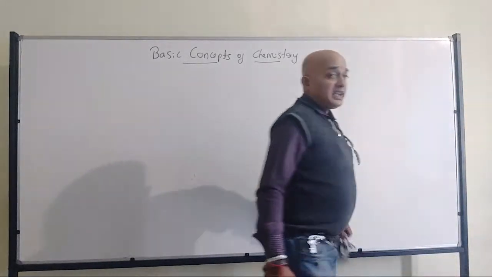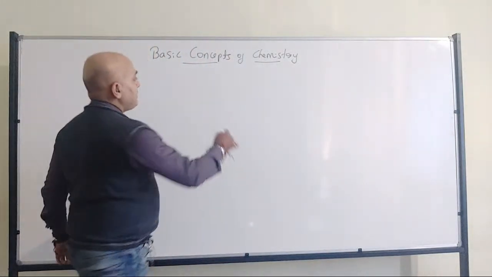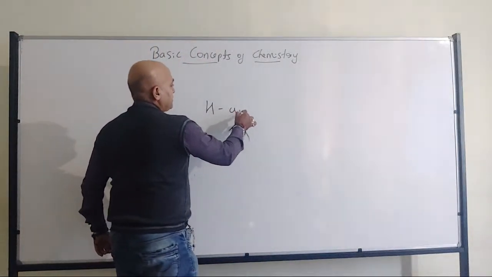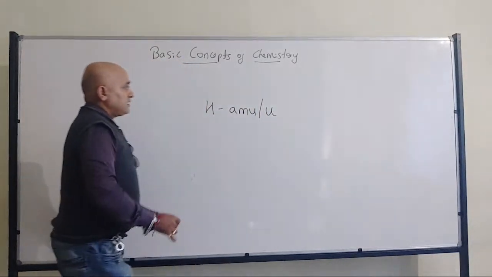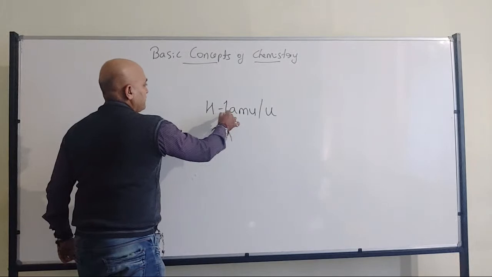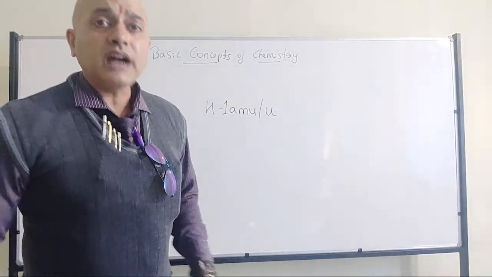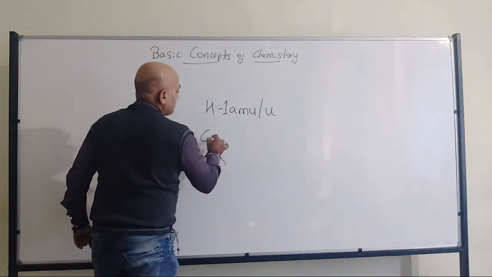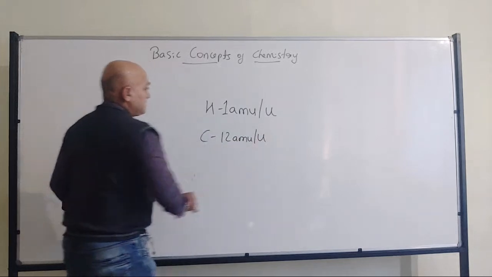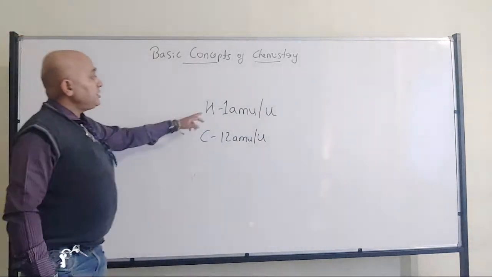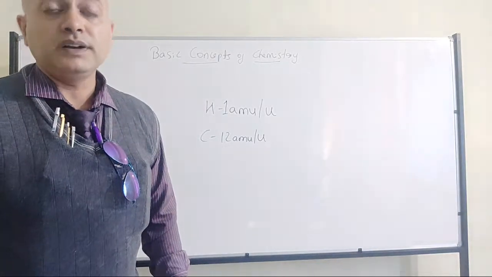That's where we have the atomic mass unit. If I am mentioning hydrogen as one atomic mass unit, right? So that's where we will be mentioning. That means when I am talking about carbon, which is 12 atomic mass unit, that means hydrogen has 12 times lesser mass compared to carbon.